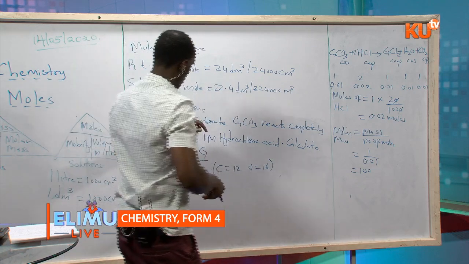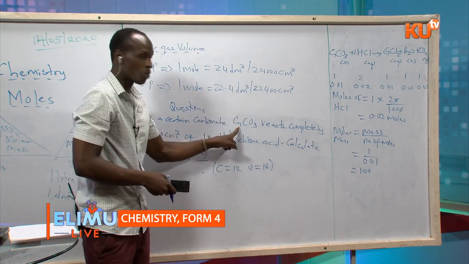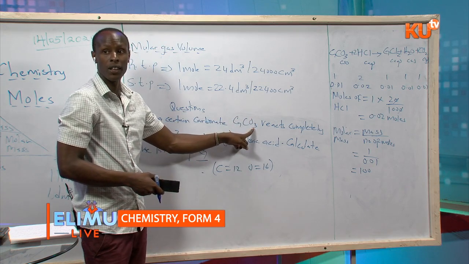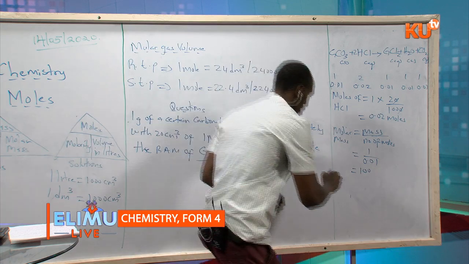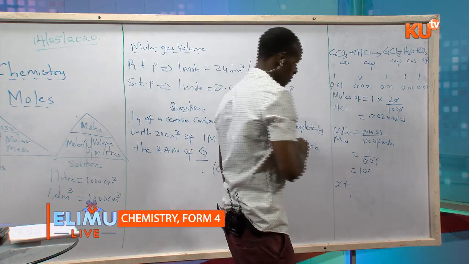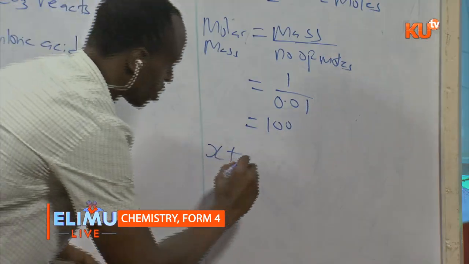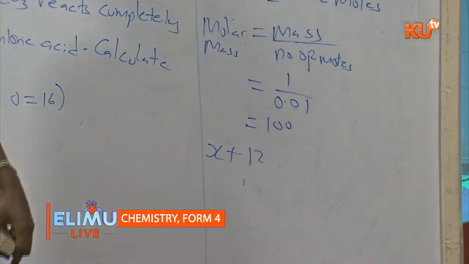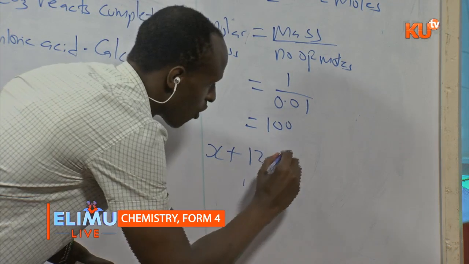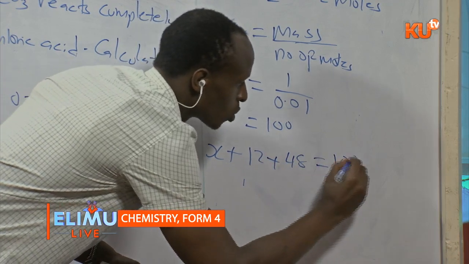So for G carbonate, it means 100 is the molar mass of G plus molar mass of carbon plus molar mass of 3 oxygen. So I'll say X, because I don't know the molar mass of G, plus C, which is 12, the molar mass of carbon, because it's only 1, plus 3 oxygen, that's 16 times 3, plus 48, should be equal to 100.